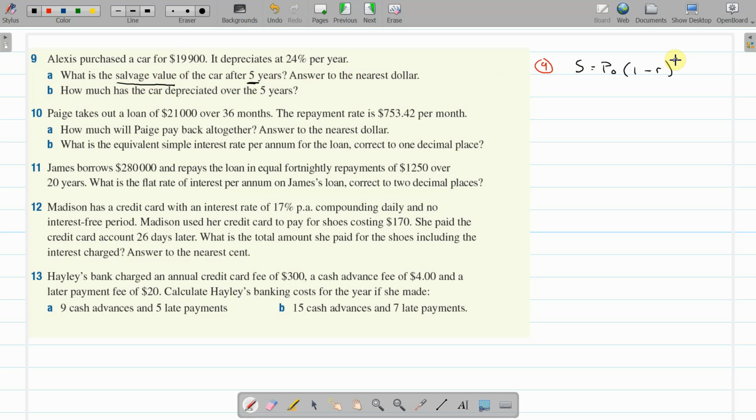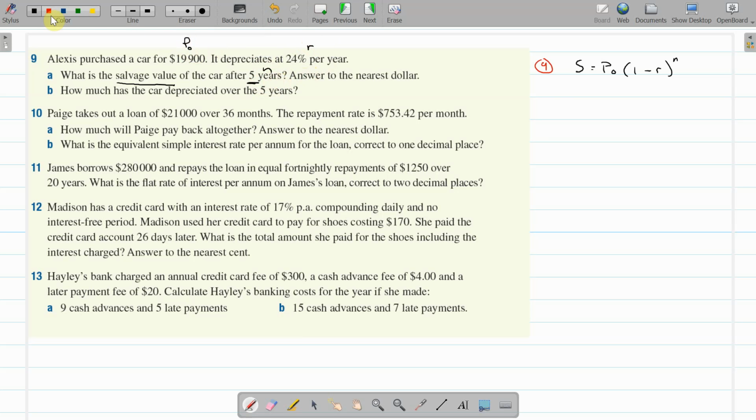And the 5 years will be going there. And the P0 is the value of the purchase price, so 19,000. And there's our rate. So that's P0. That's R, the rate, and that's N.